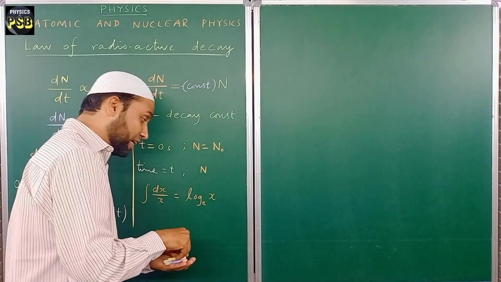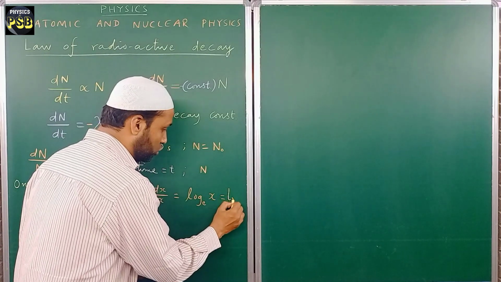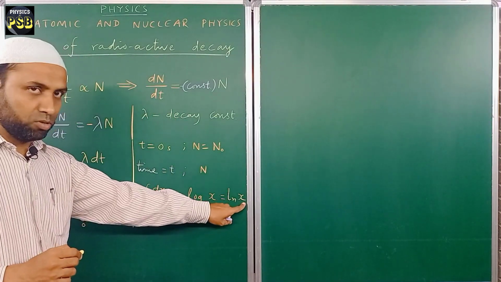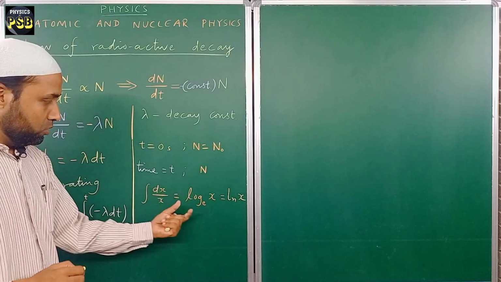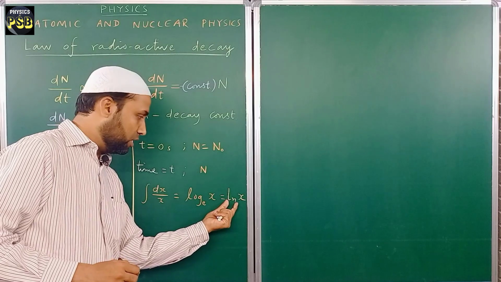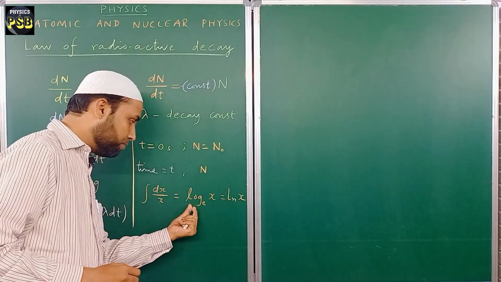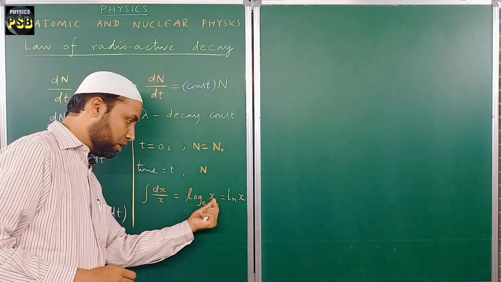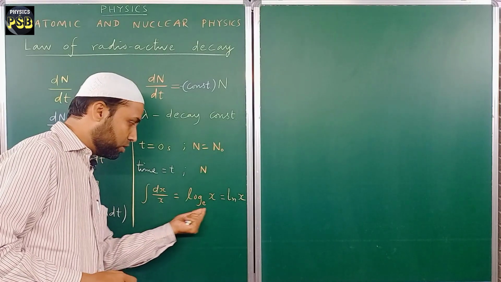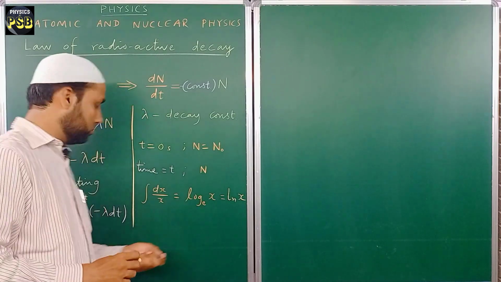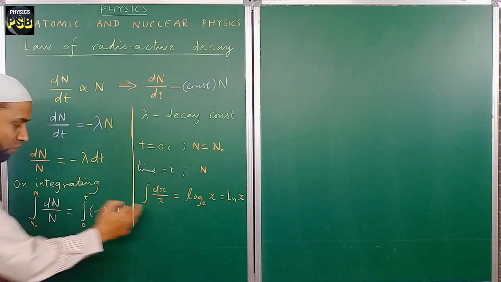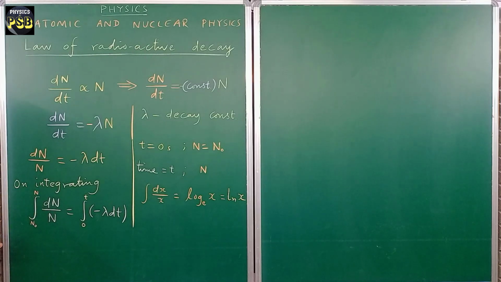There are two methods of writing natural log: either you can use ln, or in its place, log of something to the base e. When we have base e, it means that the log is natural log. Clear? So by using this formula, I am going to integrate this.